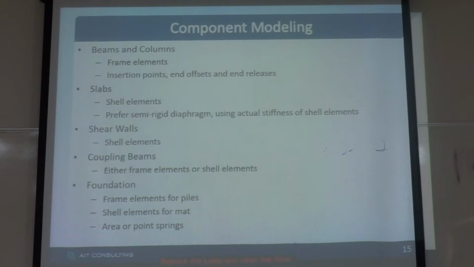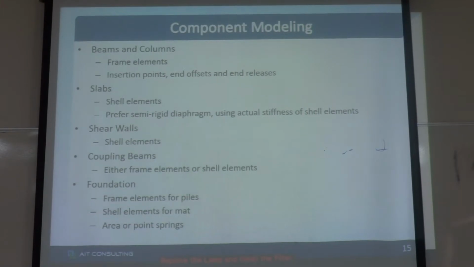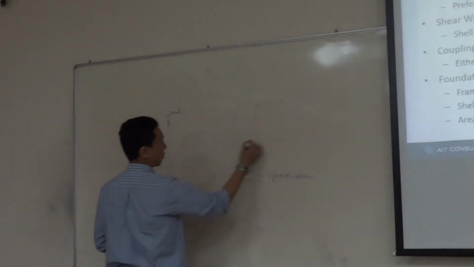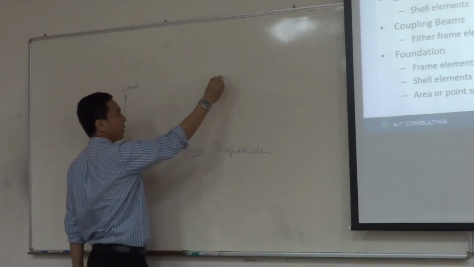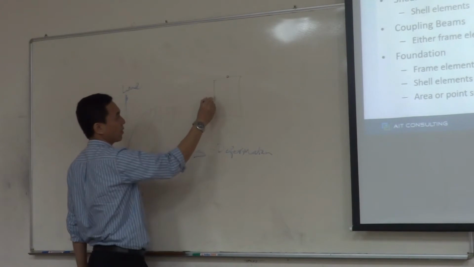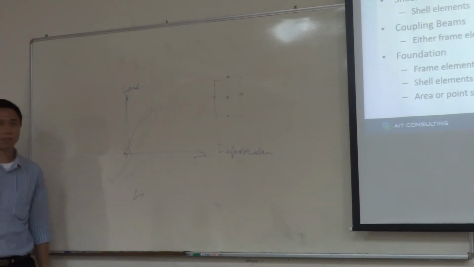Insertion point means you have a rectangular beam, but in the model you want to connect with another beam at this point or this point or this point or at the center. So these kinds of things.